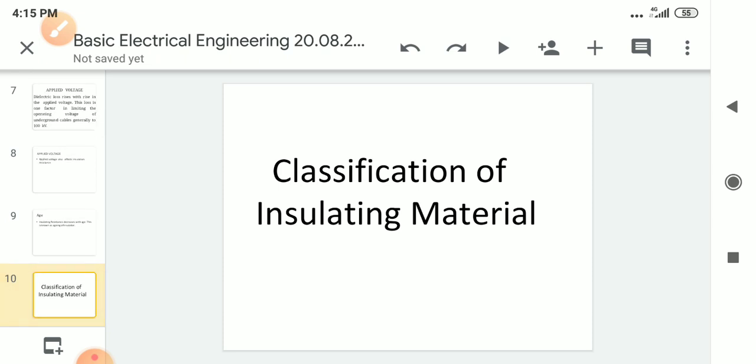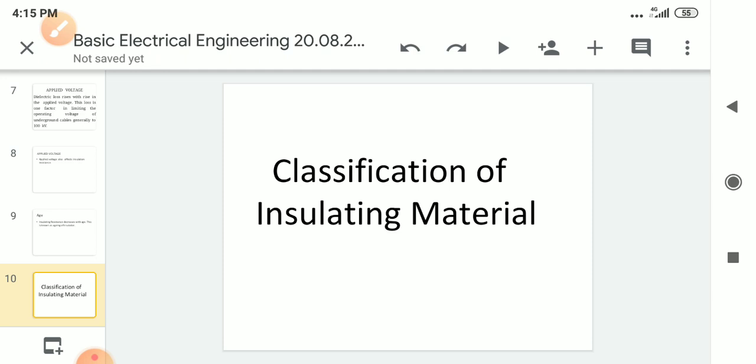Classification of insulation material. This is the next thing. Up to now we have learned about properties and factors. What are the factors we observed? Temperature, moisture, voltage and age. Insulation resistance is very much affected by temperature. Insulation resistance will decrease with increase in temperature.